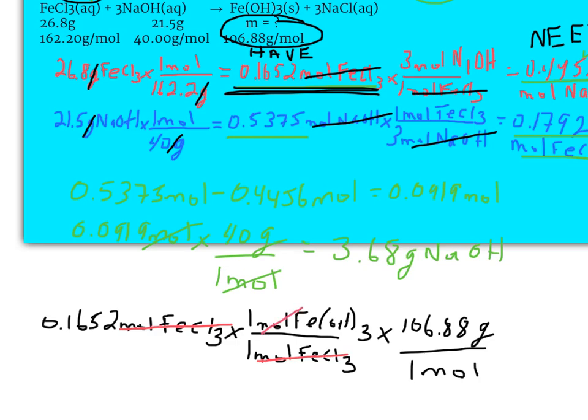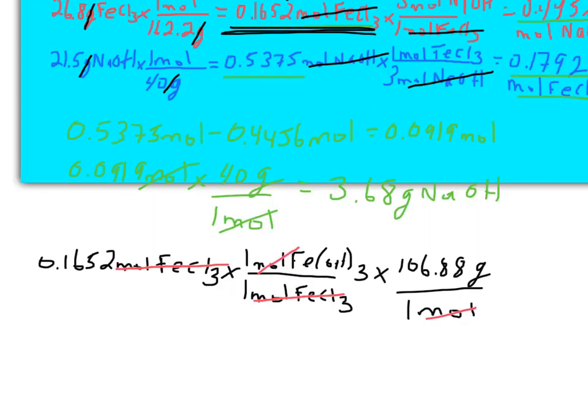And then my moles are going to cancel out, and I'm going to do my 0.1652 multiplied by 106.88, and that is going to get me an answer of 17.7 grams of my precipitate, which is FeOH3.